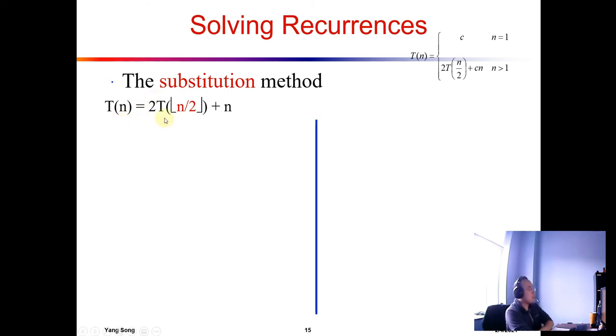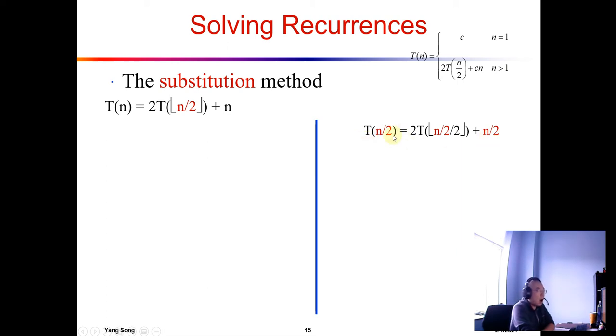To solve T(n), we observe that inside there is T(n/2). So how do we figure out T(n/2)? We substitute this n with n/2, replacing this n and this n also with n/2. So we get this one. This is how we solve T(n/2).